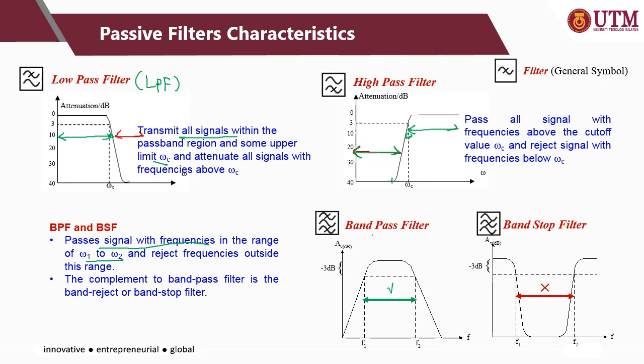So for the band pass filter, BPF, the signal that lies within f1 and f2 will be chosen, while for the band stop filter, the signal within the same frequency band f1 and f2 will be rejected. Only the signal in the other area will be chosen.